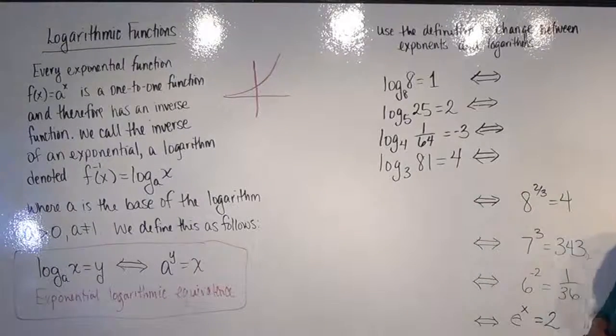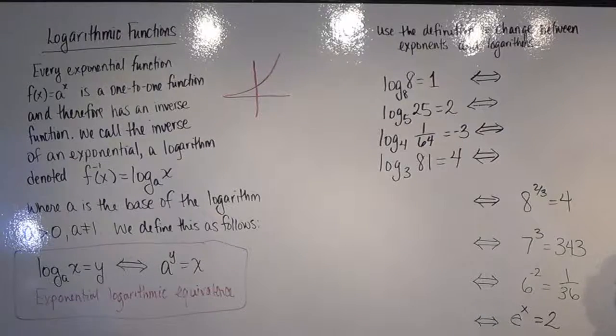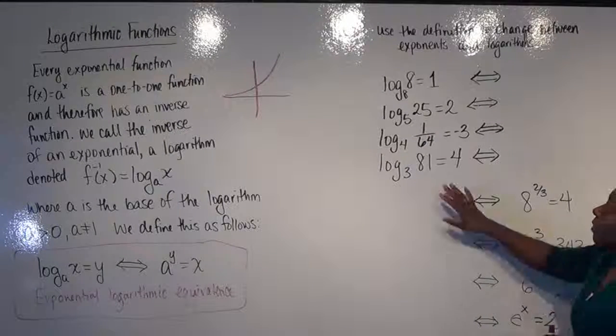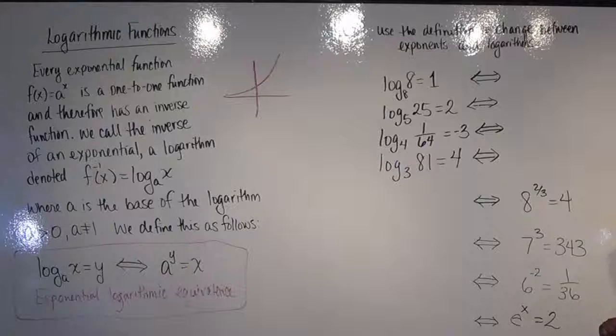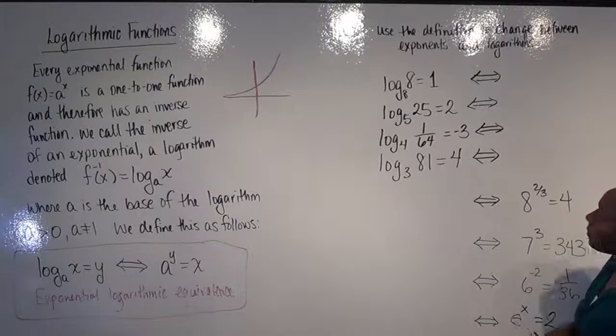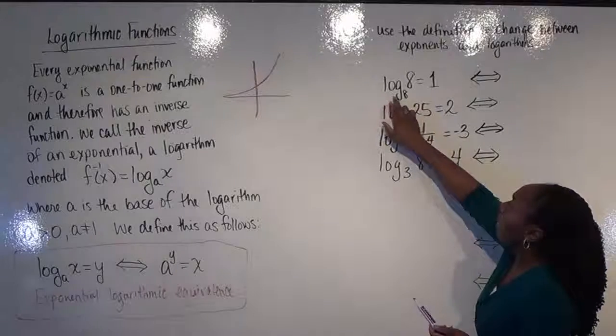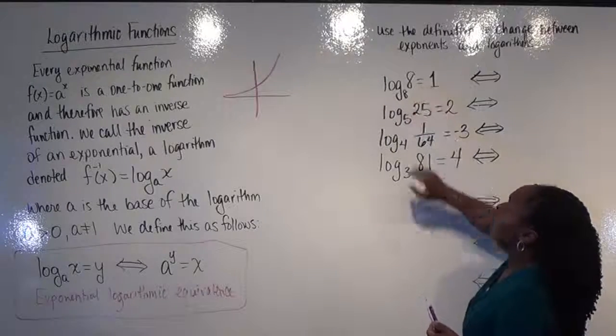Okay? So one of the first things we're going to look at is just changing between logarithms and exponents. So we want to use that definition, that exponential logarithmic equivalence, to change between the logarithm form and the exponential form. And so here's just a few examples of this. Okay? So in this first one, we have log base 8 of 8 is equal to 1.